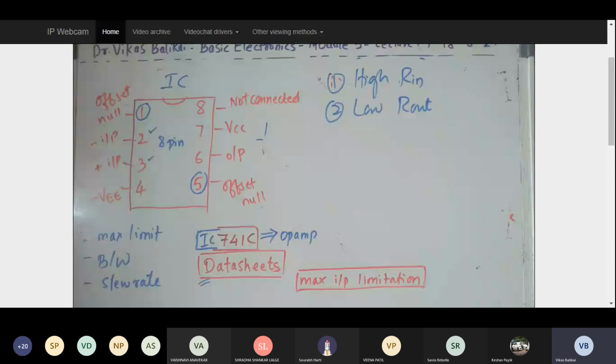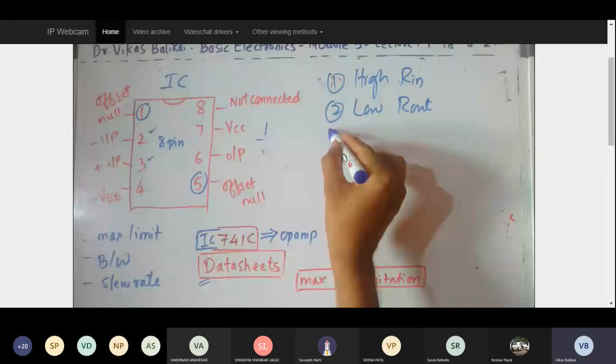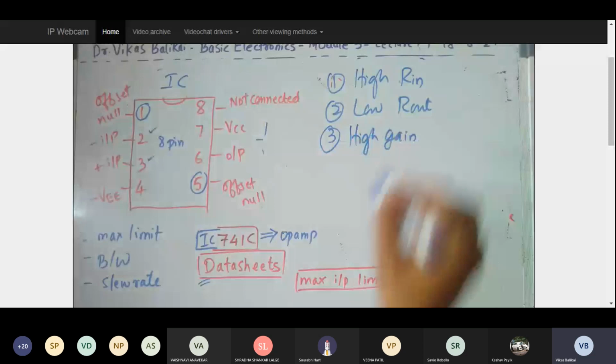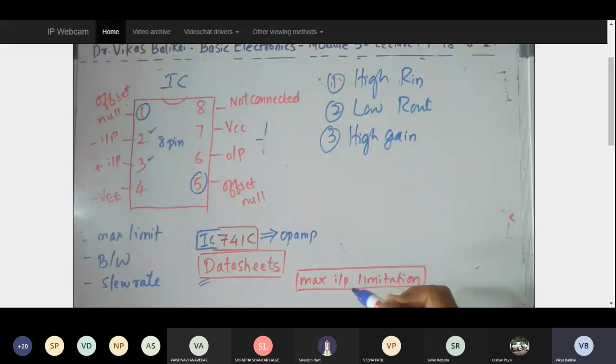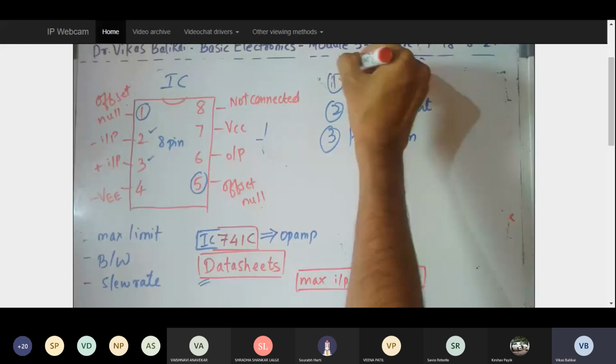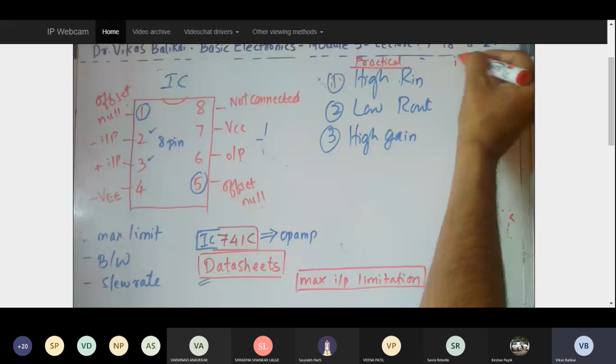Then we also expect high gain for these operational amplifiers. Whatever characteristics you are seeing over here fall under practical characteristics. I'll also be mentioning what the ideal characteristics are, and how I convert the practical characteristics to their ideal values.